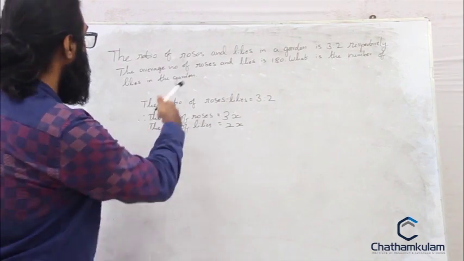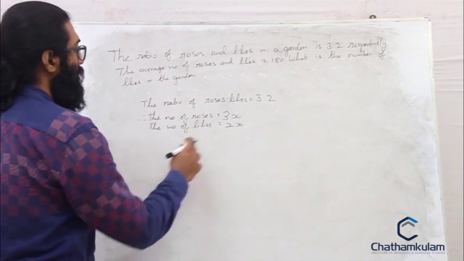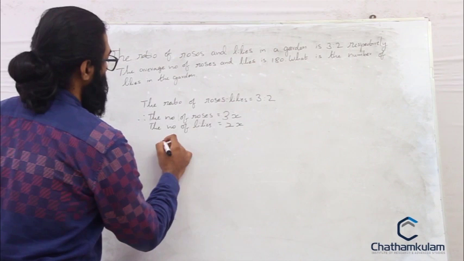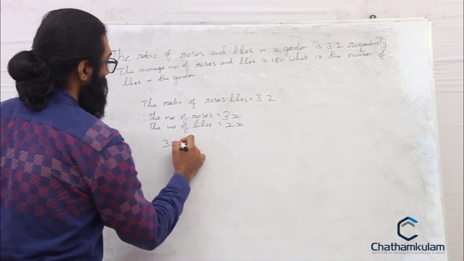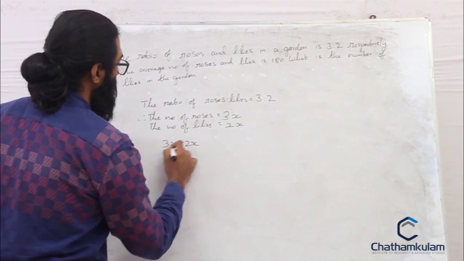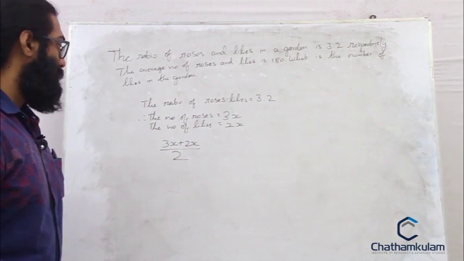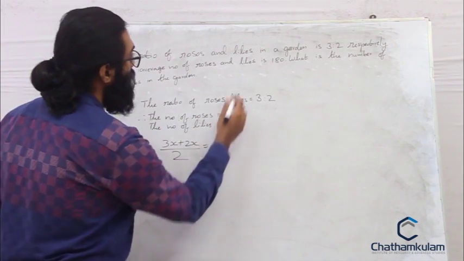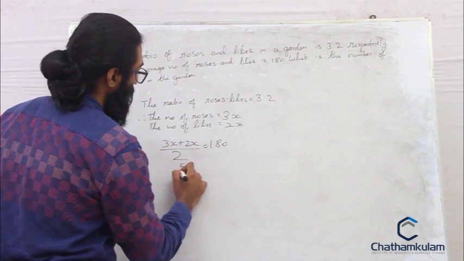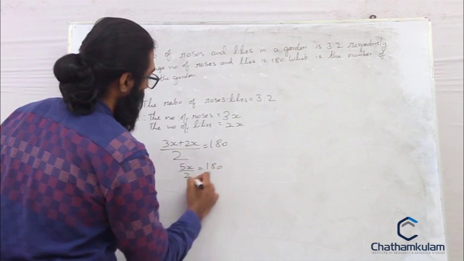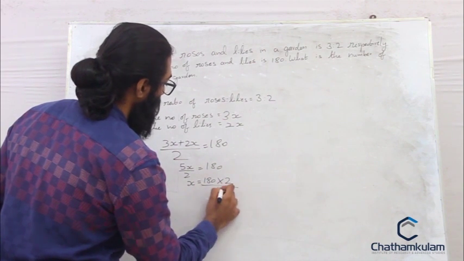Then what is given in the question? The average number of roses and lilies is 180, right? So we can write this as, what is the number of roses here? It's 3x. What is the number of lilies? It is 2x. The average of roses and lilies, we can take it as 3x plus 2x by 2. That is equal to 180. That is 5x by 2 equals 180. x equals 180 into 2 by 5.